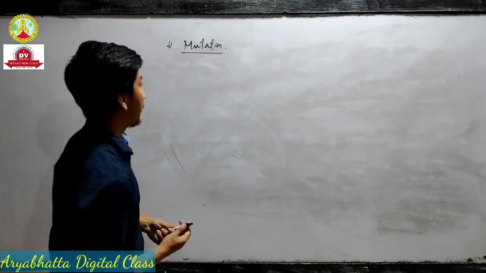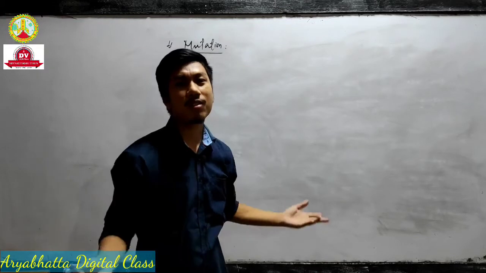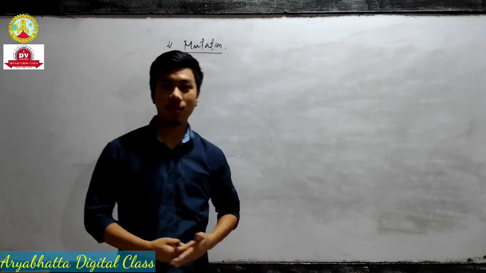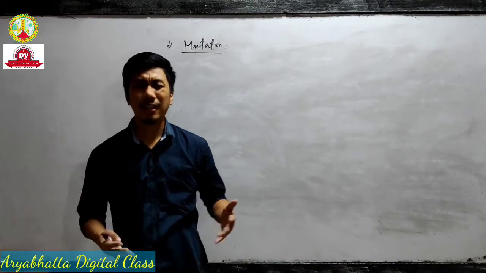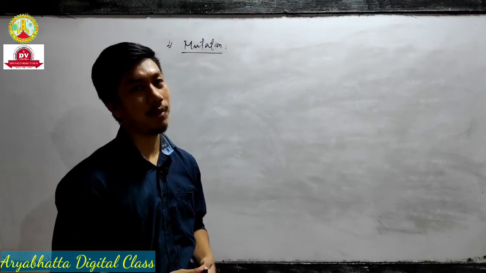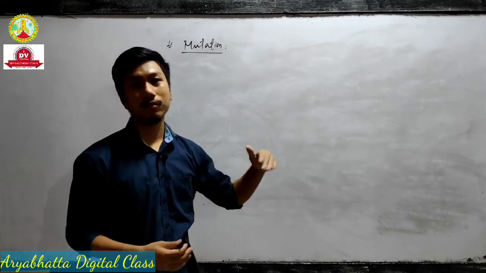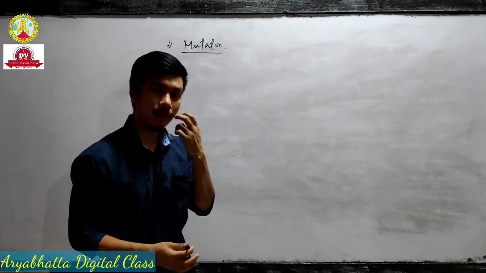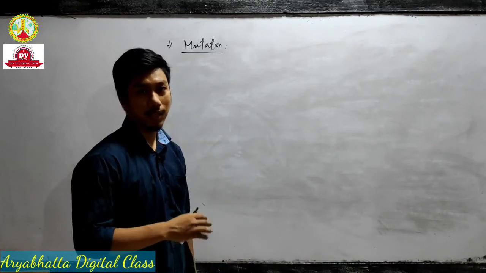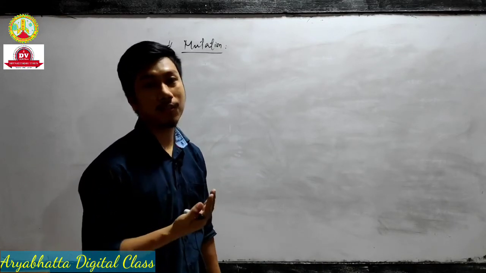All right. So what is mutation? Mutation means sudden changes in a gene. If there are any changes that take place in a gene, then we call that a mutation. And mutation can occur due to external factors like UV rays, X-rays, gamma rays, or due to chemical substances.